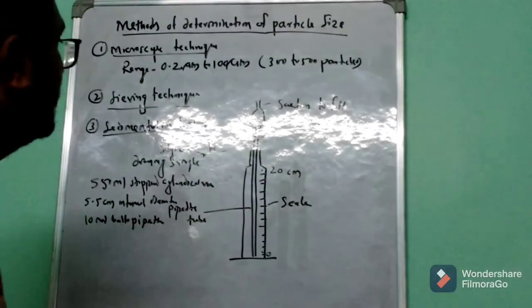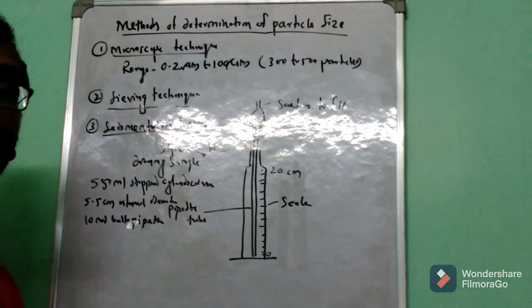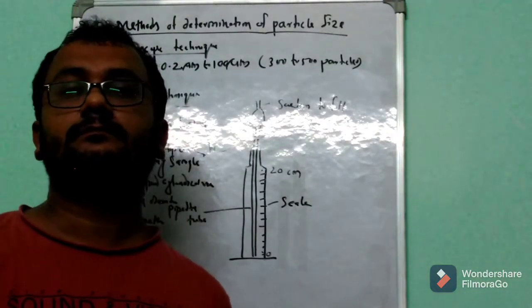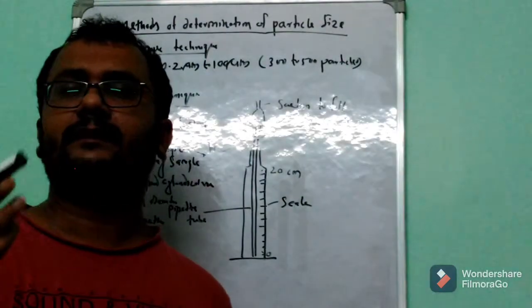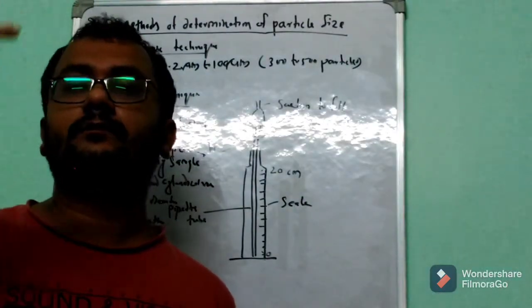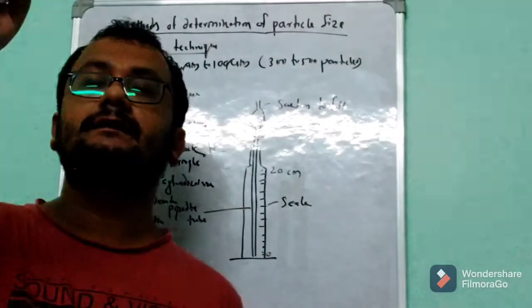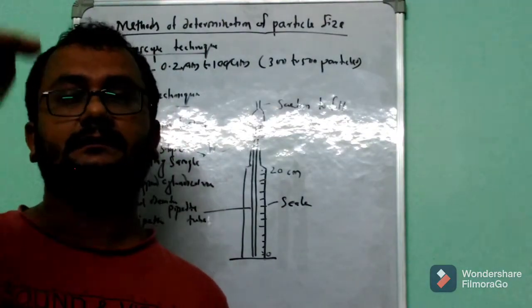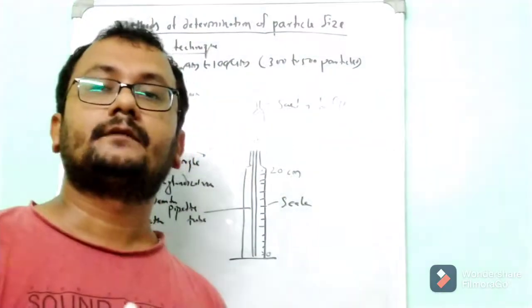Now coming to the second one, the sieving technique. This means we go through a sieve analysis, which you might already have studied. We take a series of sieves, with the lowest mesh number at the top: 10, then 20, 30, 40, 50, up to 100.